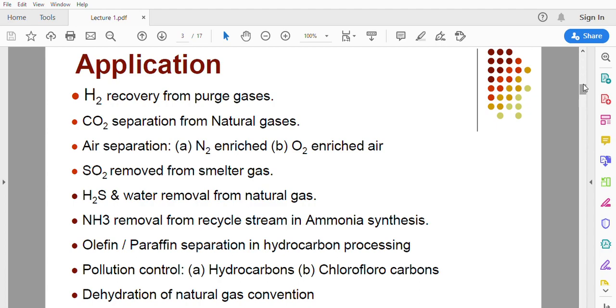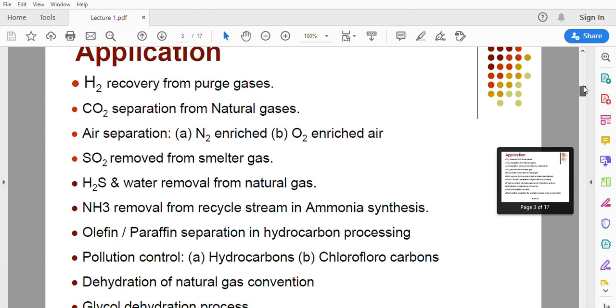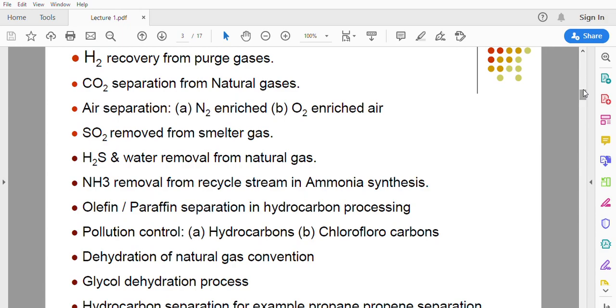And the next application is the removal of ammonia from the recycle stream from the ammonia synthesis. You know that ammonia synthesis is a reversible process. When you react hydrogen and nitrogen to produce ammonia, it is very reversible, and the total recovery of ammonia is very low.